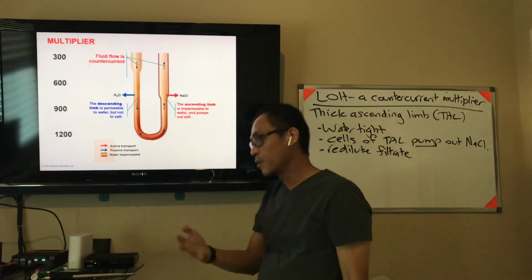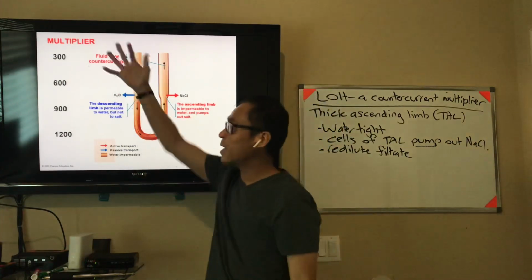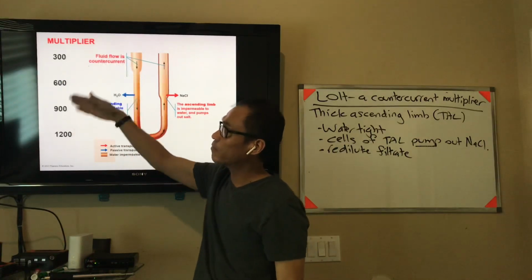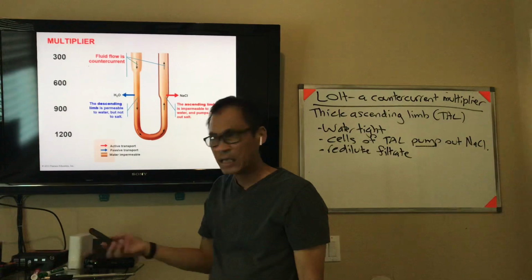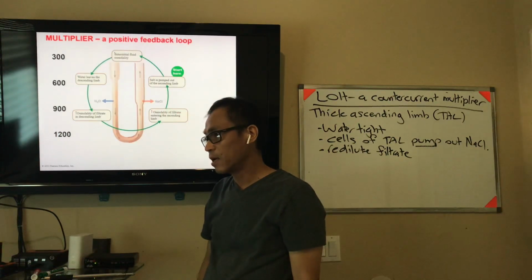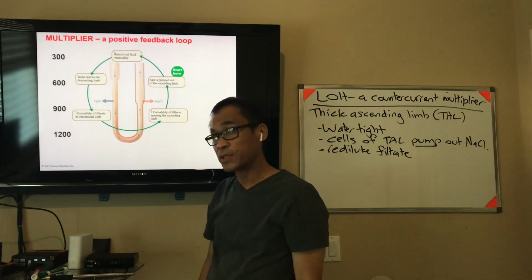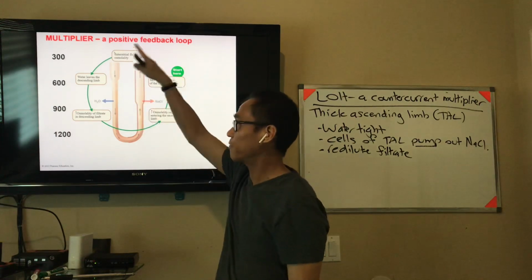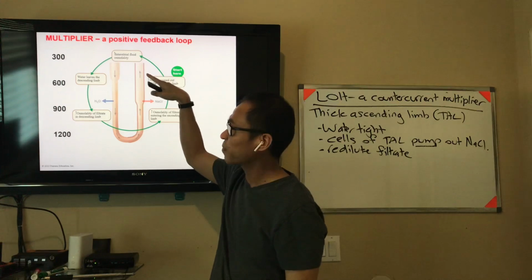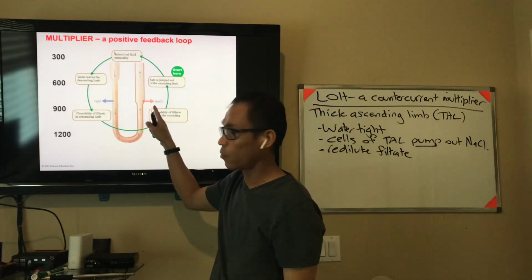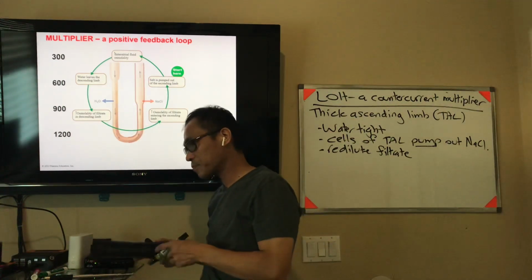And what does this do? You multiply the gradient from top to bottom from 300 to 1200. Now, it may be hard to see that, but what you've got to do is study this positive feedback loop of what's going on by filtrate constantly flowing through and losing water on the way down, pumping out salt on the way up. This is what happens.